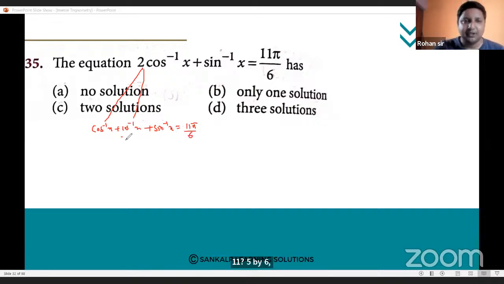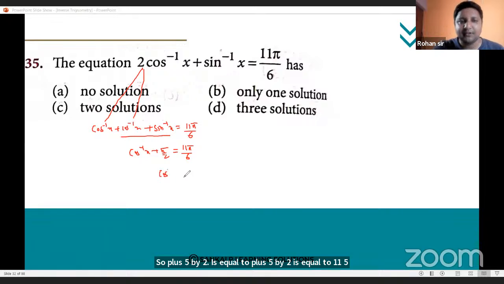Or by making use of the result cos inverse x plus sine inverse x equal to pi by 2, we get cos inverse x plus pi by 2 is equal to 11 pi by 6, or on simplifying we get cos inverse x is equal to 11 pi by 6 minus pi by 2.